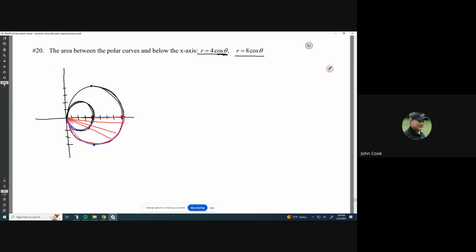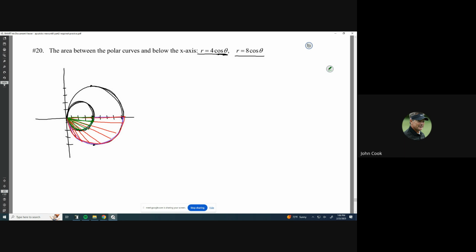If I add up all these little sections, it ultimately gives me this red area using the outside equation. So just like the previous problem, I'm going to take the outside one and subtract away the radii from the inside circle.